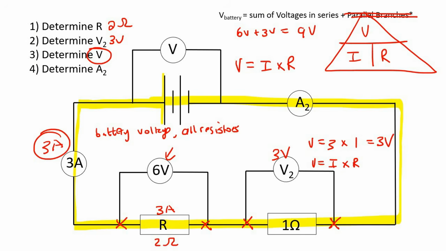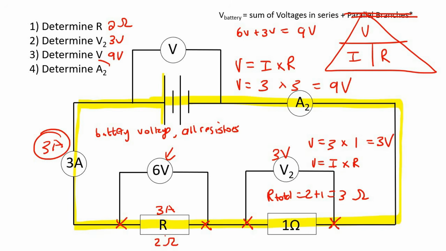So you would use this resistor over here, which is 2 ohms, and this resistor over here, which is 1 ohm, and because they're in series, you would add them together. So the total resistance is going to be 2 plus 1, which is 3 ohms, okay? So then the voltage would be the total current multiplied by the total resistance, and that would give you 9 volts. So it's the same exact answer.